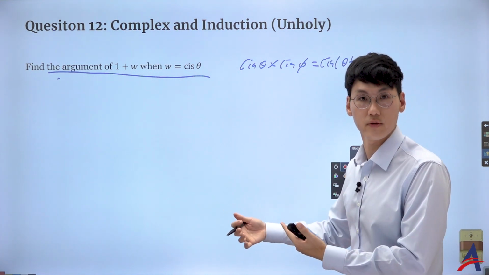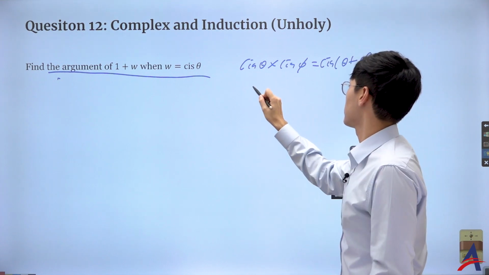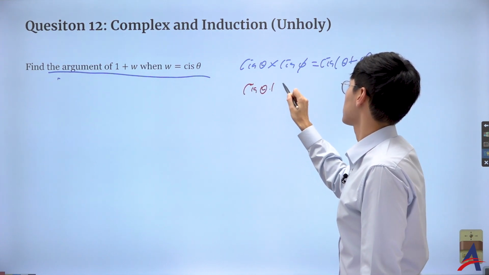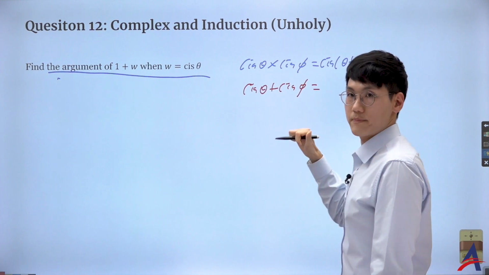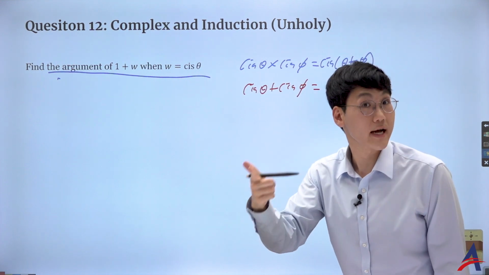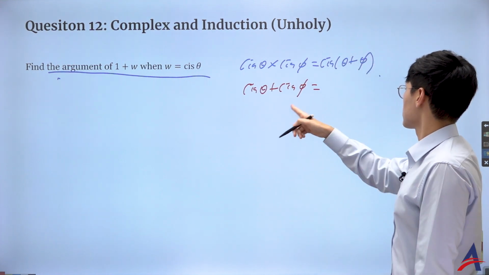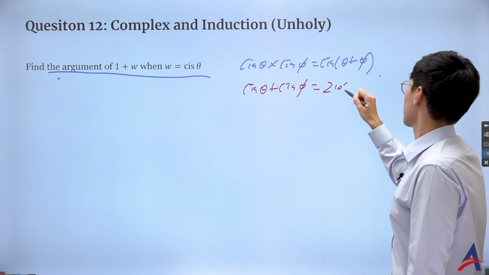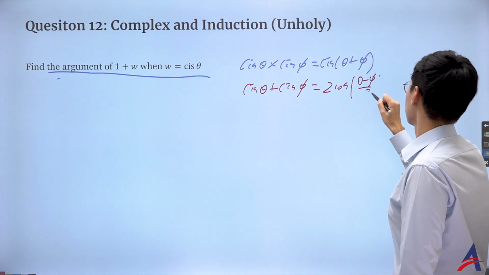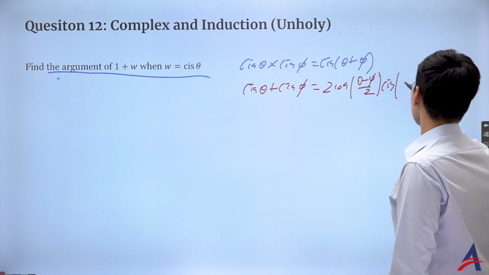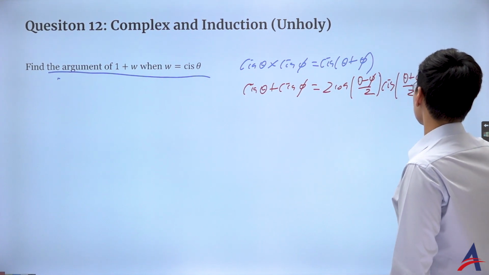We explained that in the video, so you can check it out. So please remember, cis theta plus cis phi, you should know how to prove it by using trigonometry or vectors, okay? So that one is going to be 2 cosine (theta minus phi)/2 cis (theta plus phi)/2 is what I've got.